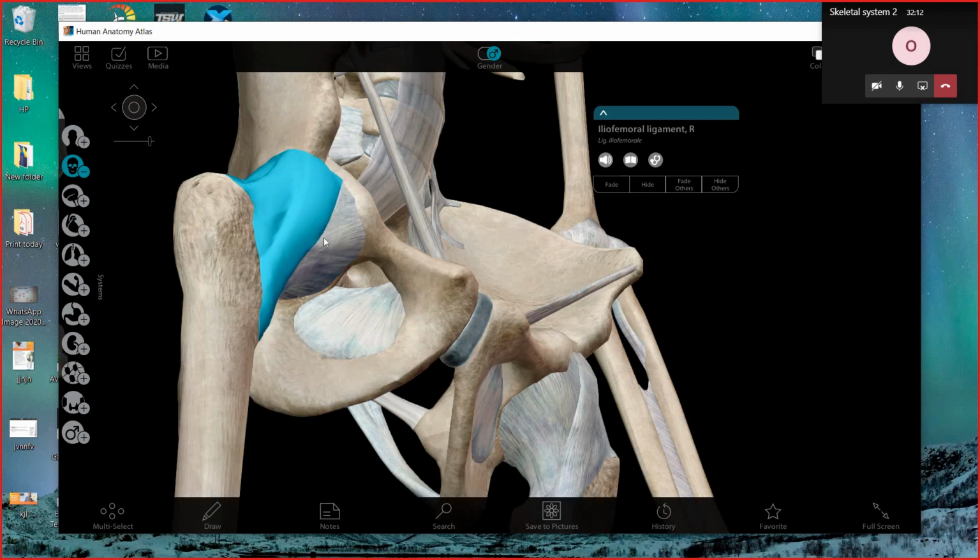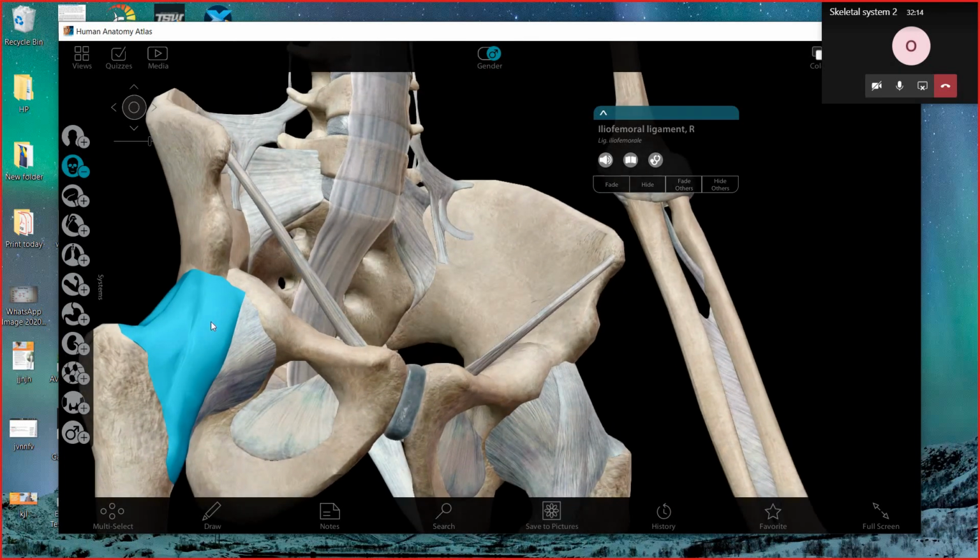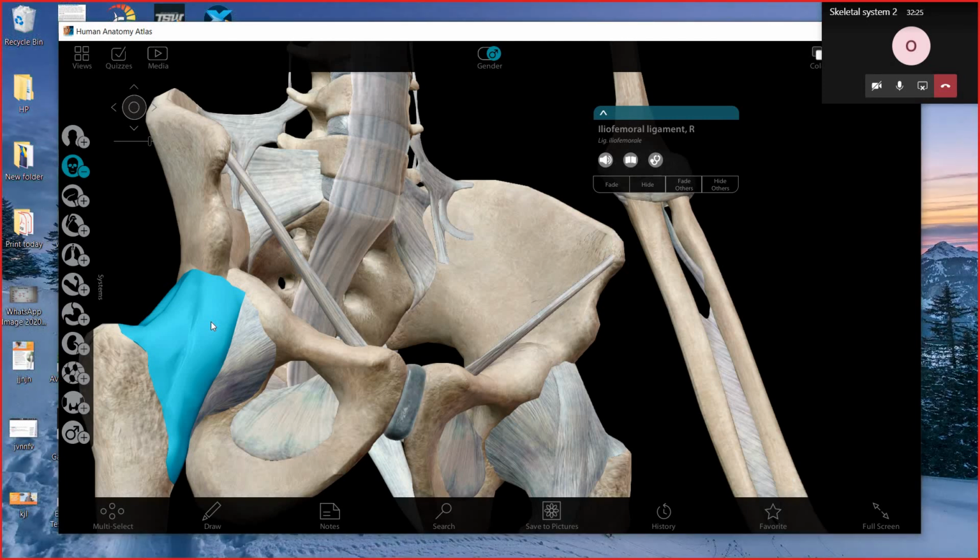It looks the same as the shoulder. The shoulder comes from three bones: humerus, clavicle, and scapula. But this pelvic joint also comes from the meeting point of three bones: pelvis, pubis, and femur.